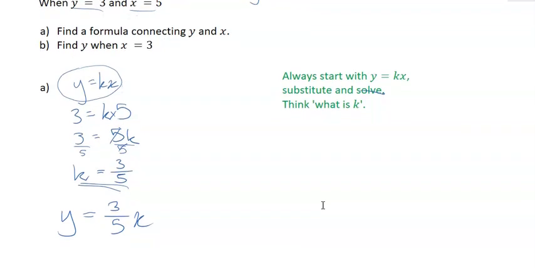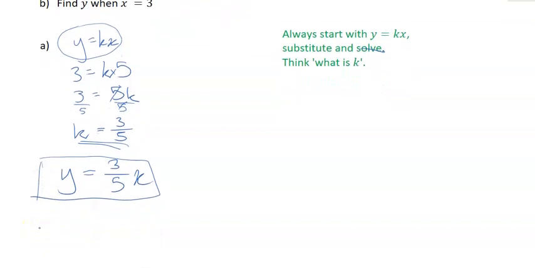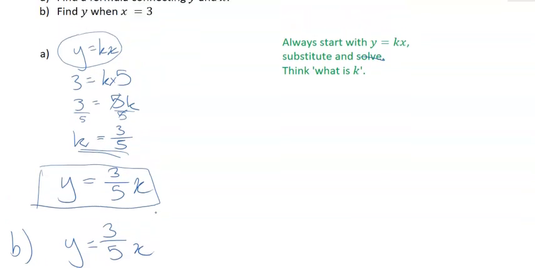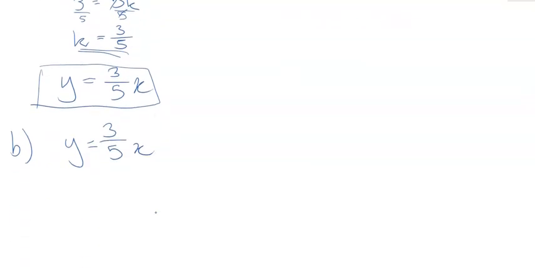B, find y when x equals 3. Now you have the formula, you simply just need to use it for B to substitute those new numbers in. So for B, I'm going to start with y equals 3/5x. The question said that x equals 3. I found my constant of proportionality, so I leave that there.